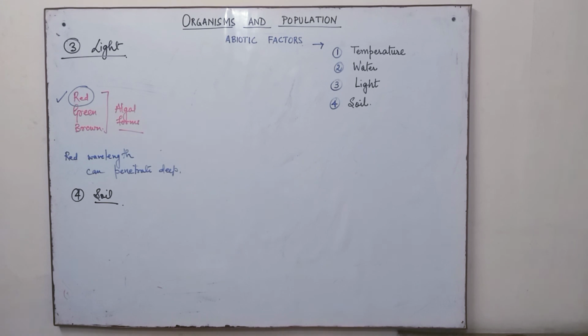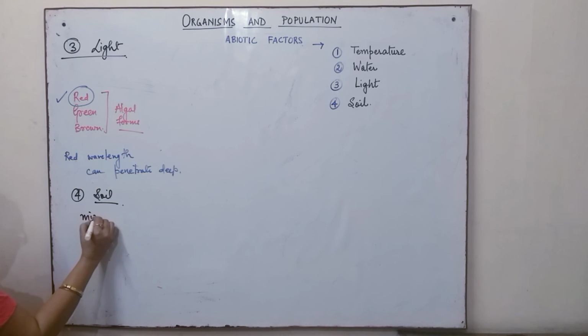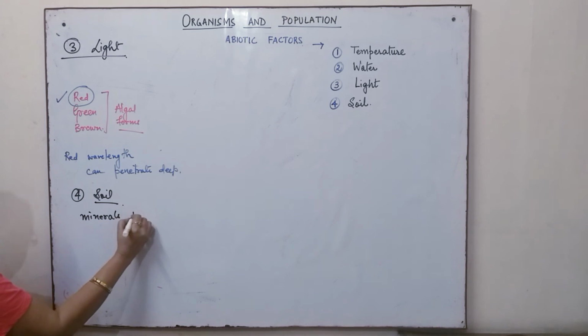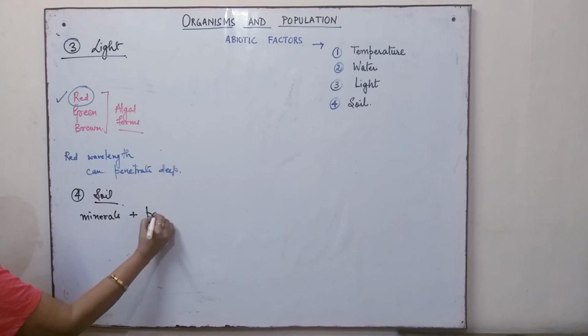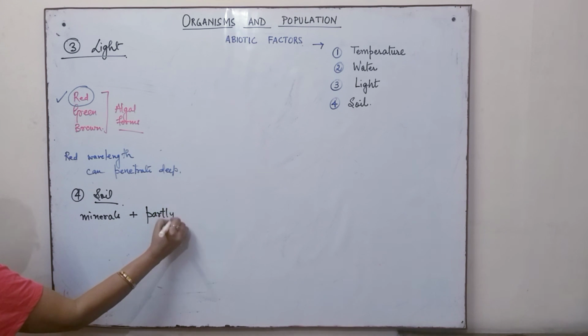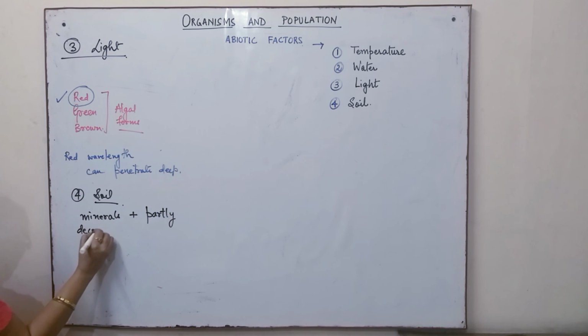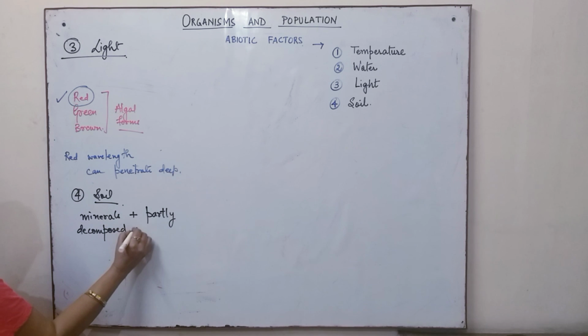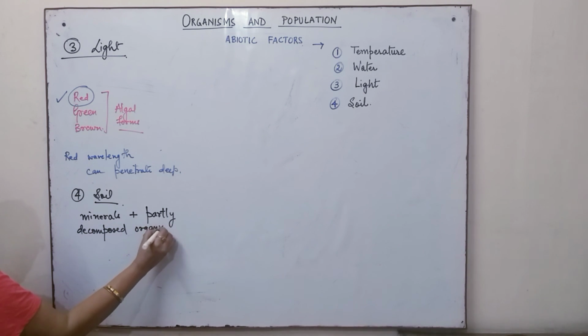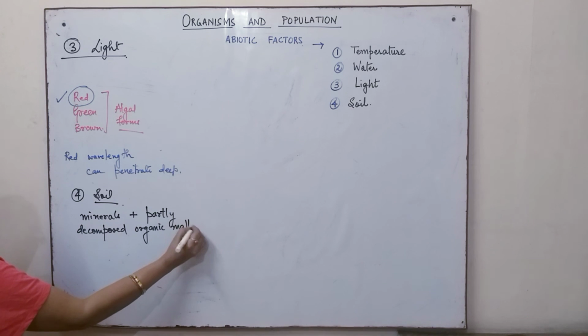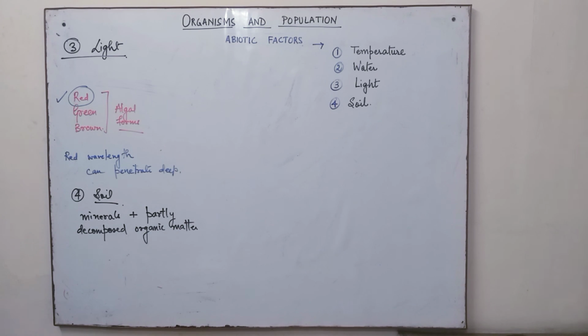So it is mainly made up of minerals plus partly decomposed organic matter. And this is brought about by the weathering of the rocks and the transportation, sedimentation of the particles. So there is a different procedure for the formation of the soil.